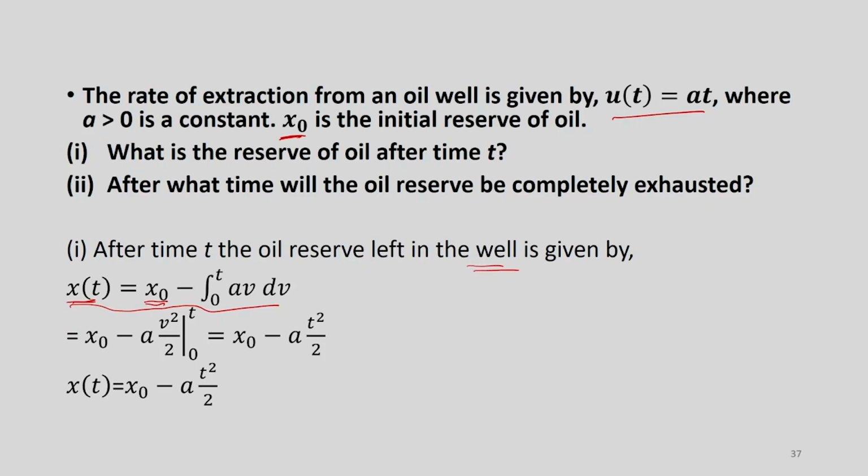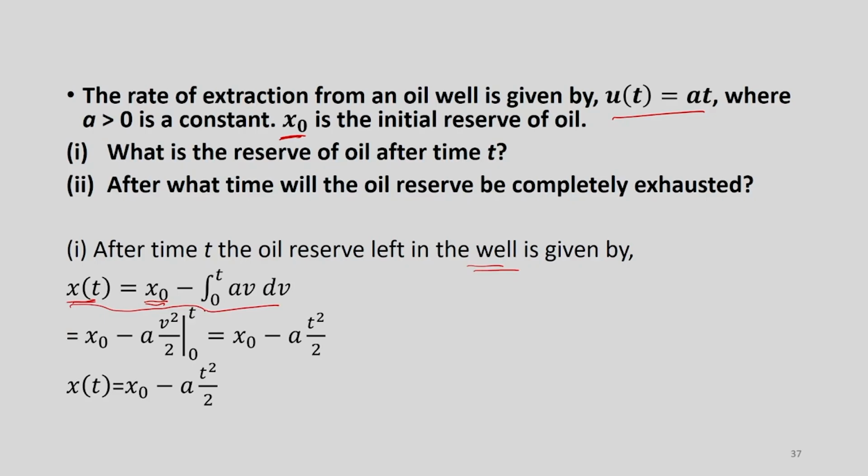How much time has elapsed? It is small t. So, from 0, the initial time, the point of origin, to the time small t, how much oil has been extracted? If I subtract that from the initial reserve, I will get the oil that is left, right.